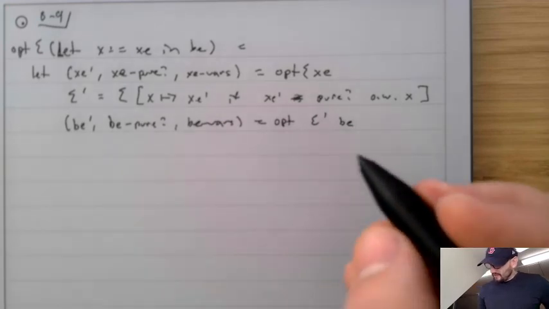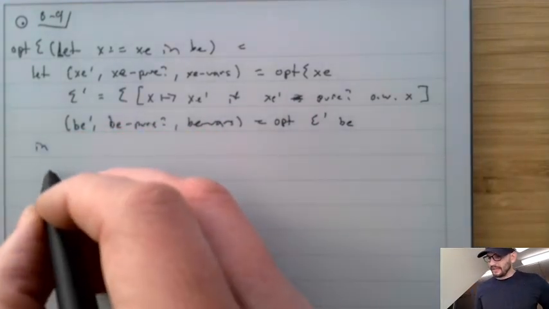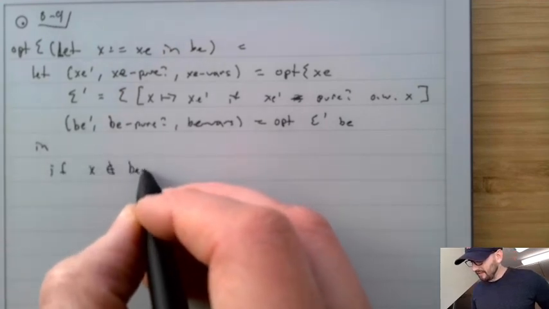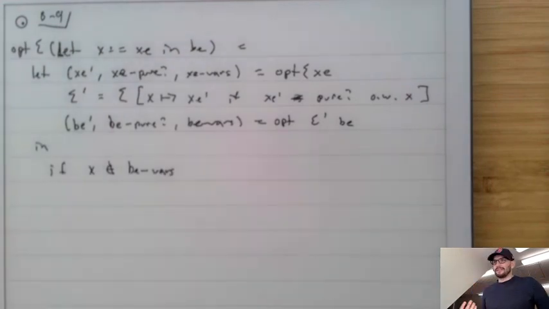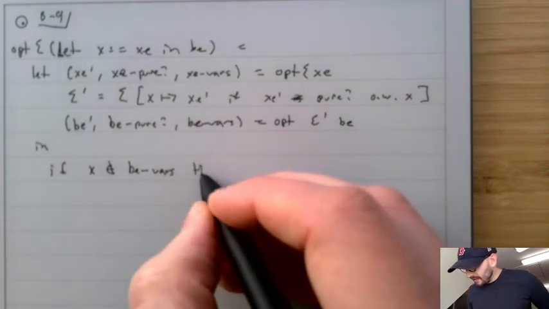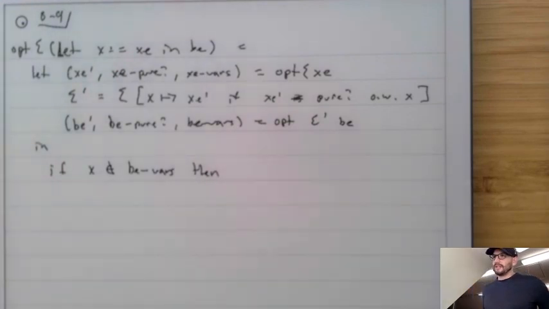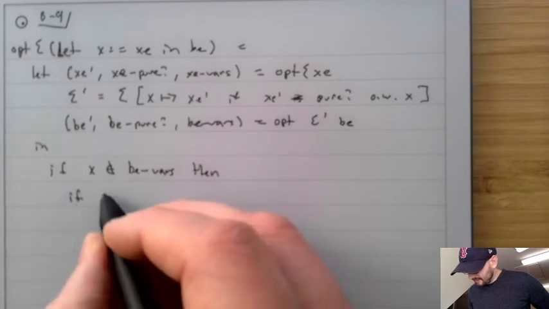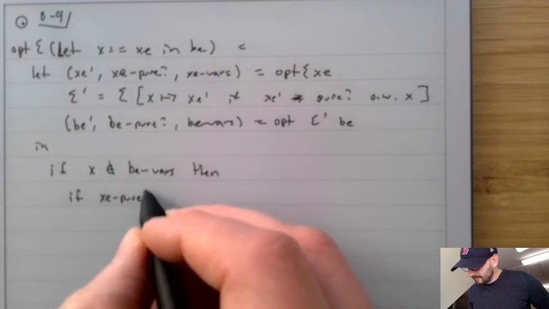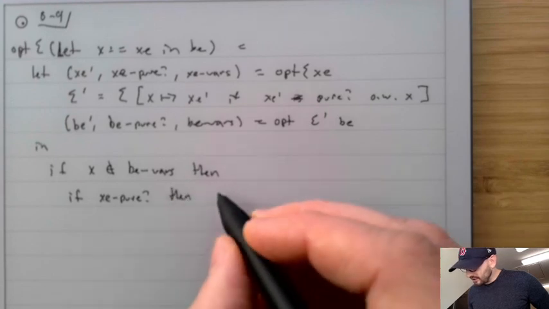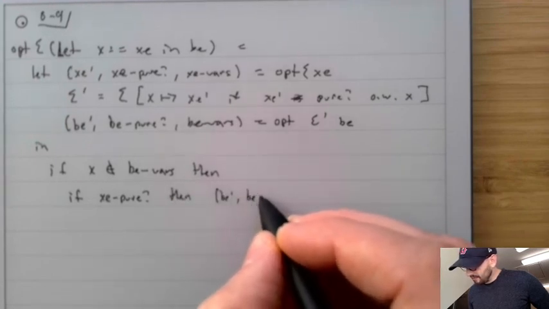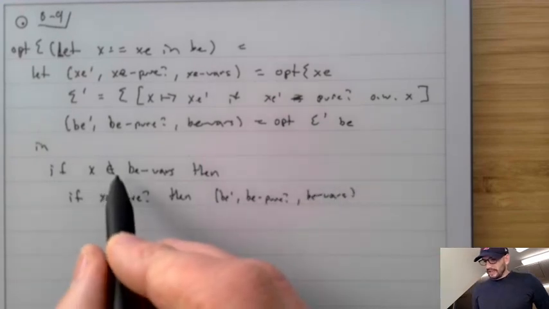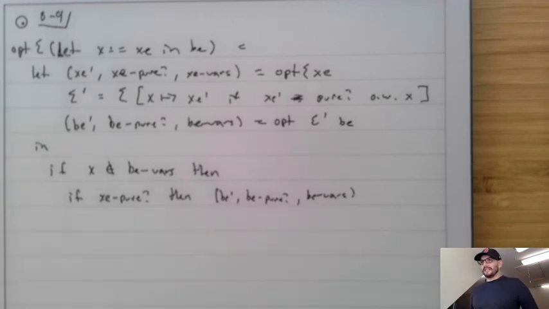And then we'll do this inside of something where we say if x is not inside of be vars, that means that we don't actually even look at it. Then if it's pure, we're just going to return be prime, be pure, and be vars, because we don't look at it and it's pure, so we don't even need to care about it.